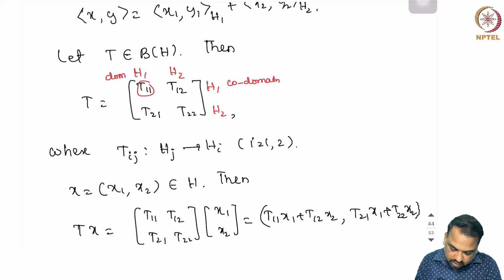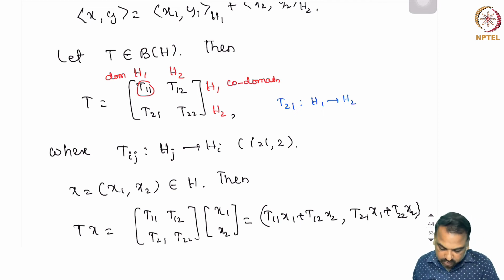Similarly, T21 is a map from H1 taking values in H2, so T21 is a map from H1 into H2. And T12 is a map from H2 to H1.